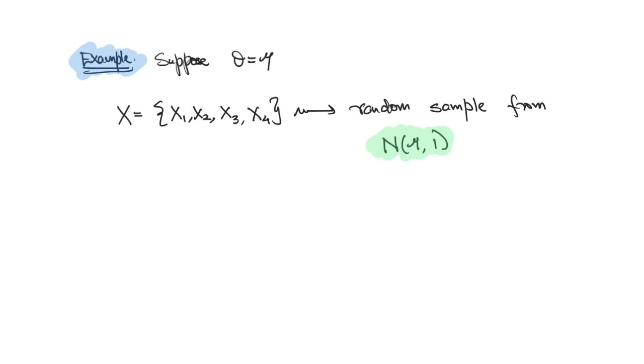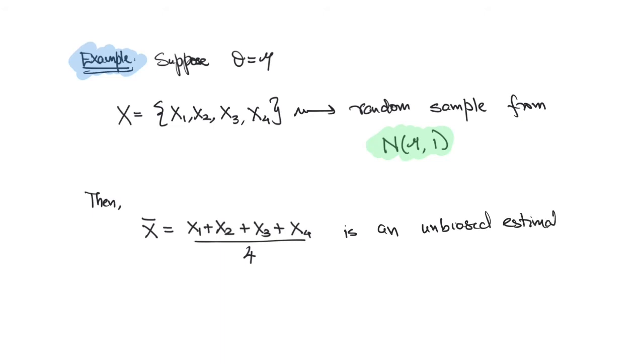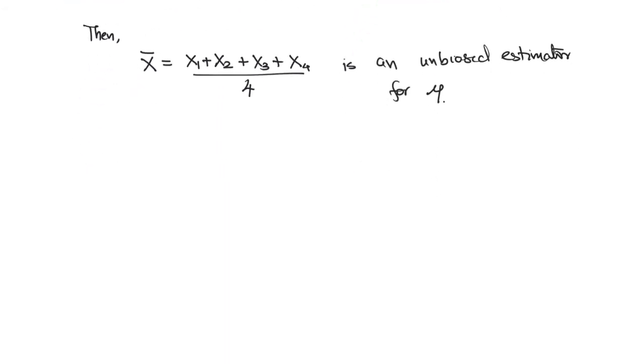1. Mu is a constant that we want to estimate and we assume that we know the variance to be 1. In this case, the sample mean, defined by the sum of the random variables divided by the sample size, which is 4, is an unbiased estimator for mu. We ask the following question.